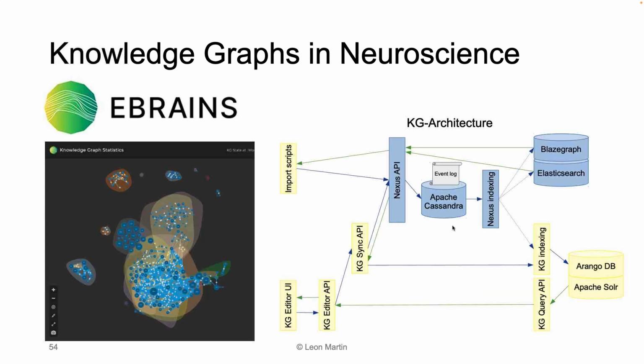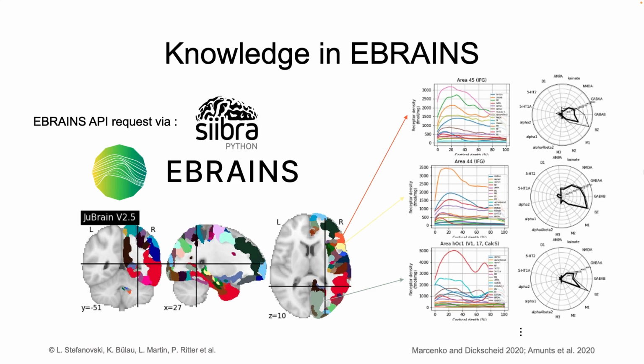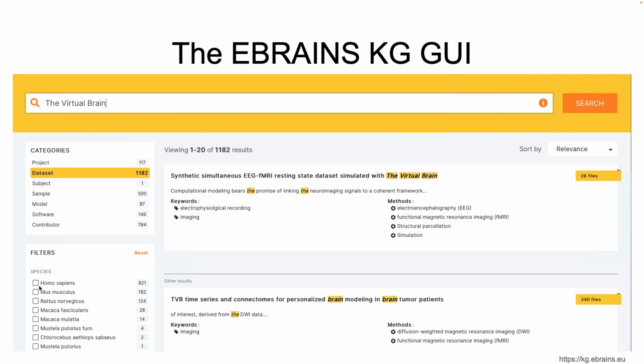So the knowledge graph for neuroscience, the EBRAINS knowledge graph, I've already talked about a lot. So this is kind of the architecture, this is kind of computer stuff. I don't go into details. This is a really complex architecture based on the Blue Brain Nexus architecture, and we have different editors. So this goes back to the question of how can we add information to the knowledge graph. So there must be kind of an interface between the data storage, the knowledge graph, and the user.